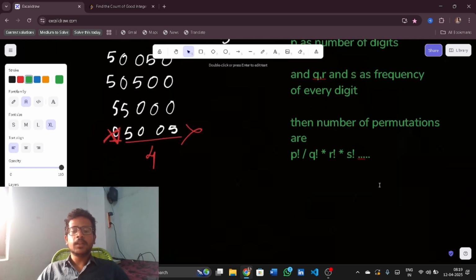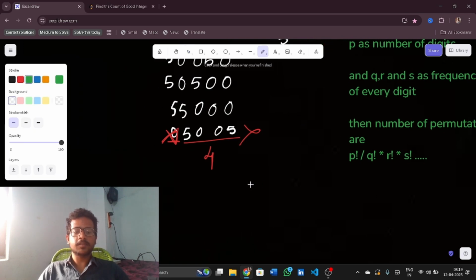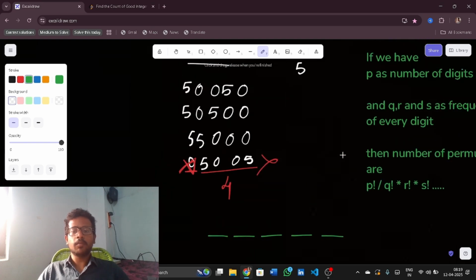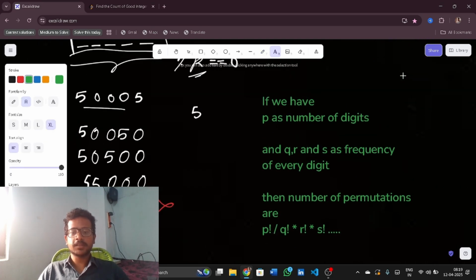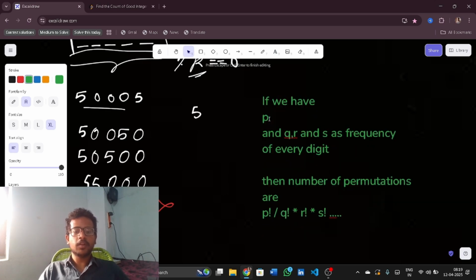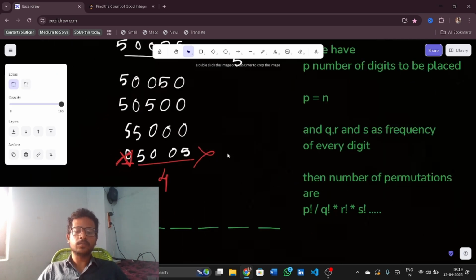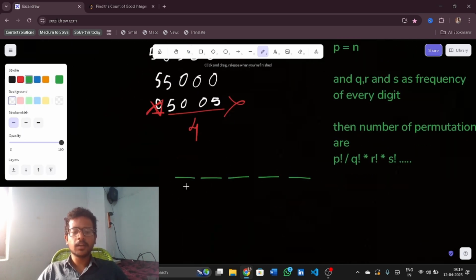Now what does this mean? I am having 1, 2, 3, 4, 5. P is the number of digits to be placed, so here P is nothing but n.